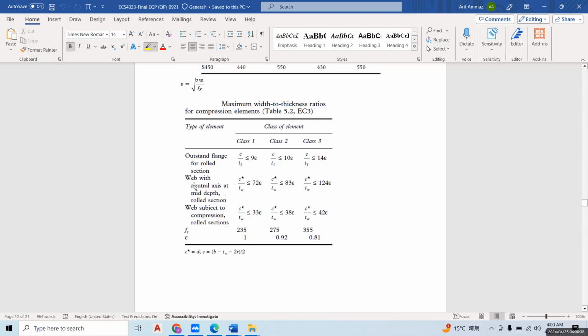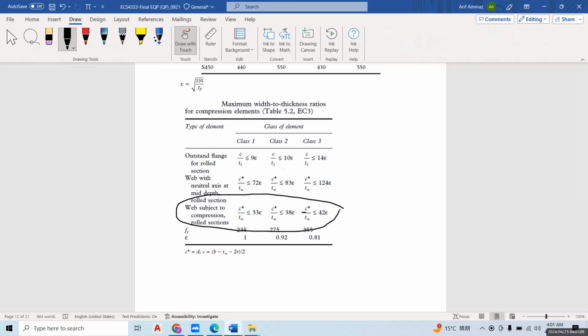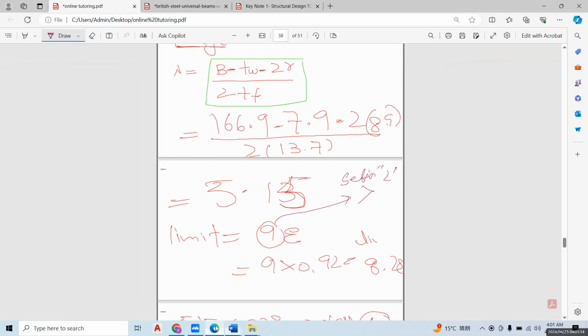And this is for the web. Now see that if your value is under 72, it is class 1. If the value is 83, class 2. And if the value is 124, the class is 3. Now the question is where we use this table. Brother, you see in the question he writes this very important thing. Where is your question paper?